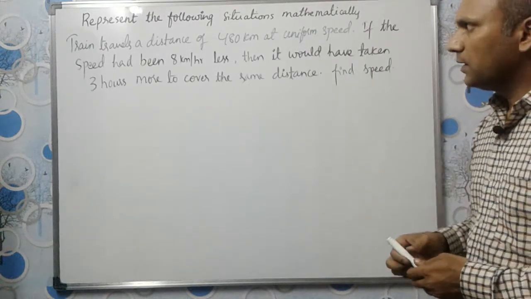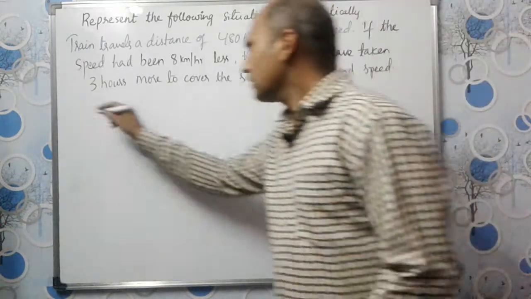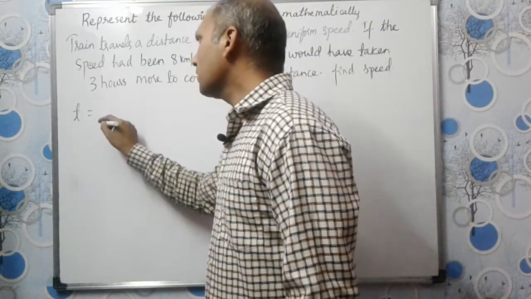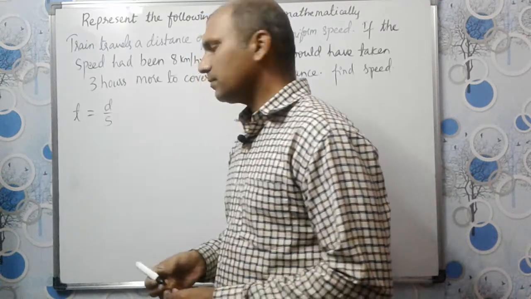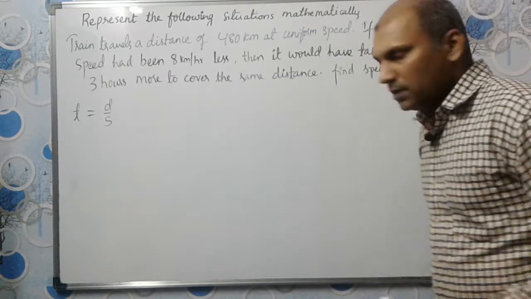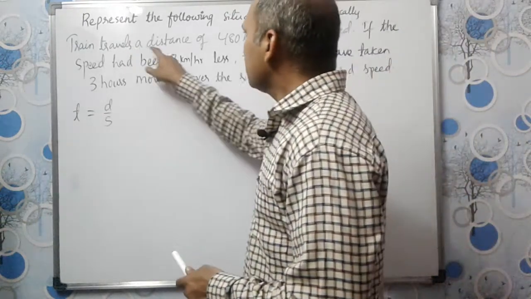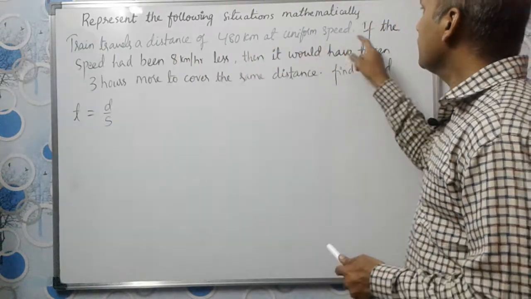All right. Now, in physics we have a formula: time is equal to distance by speed. Time is equal to distance by speed. So now see, the train travels a distance of 480 kilometers at uniform speed.